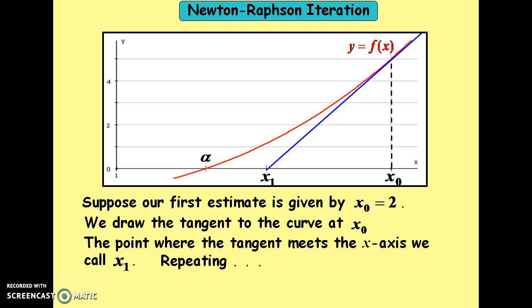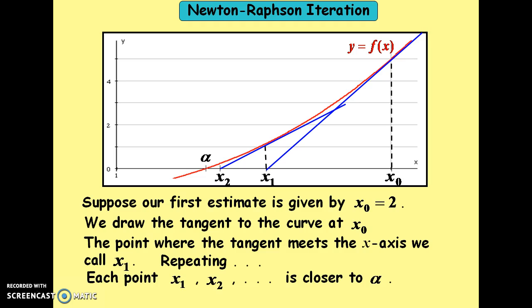Repeating this, we draw the tangent at the point x1, and that tangent cuts the x-axis at point x2. So each point x1, x2, and so on is closer to alpha, and alpha is the actual root, which lies between 1 and 2.